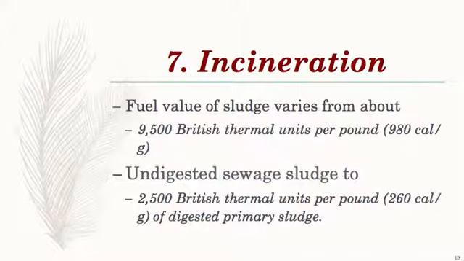On a dry solid basis, the fuel value of the sludge may vary from about 9500 British thermal units per pound, which is equivalent to 980 calories per gram of the undigested sewage sludge, to about 2500 British thermal units per pound, which is equivalent to 260 calories per gram of digested primary sludge. Can you imagine, this is a huge amount of fuel which is needed to incinerate a very big volume of all the processed sewage sludge.